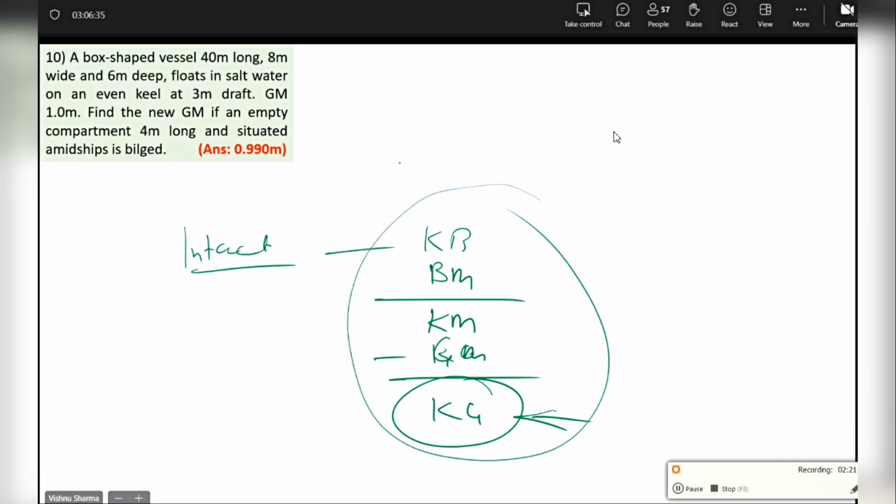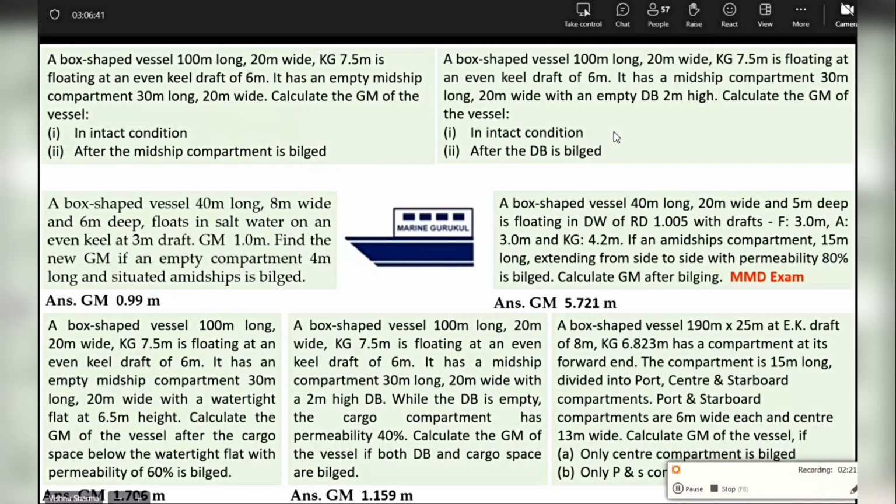So this question is for you to solve. I am sending these questions to you. Please solve them. With this, we come to the end of this entire thing. Guys, that question of 65% permeability of the centre line forward compartment is not in this, but I hope you have taken the screenshot, right?